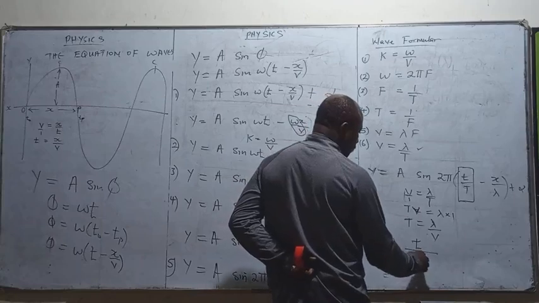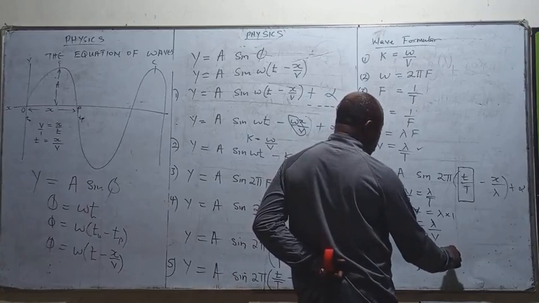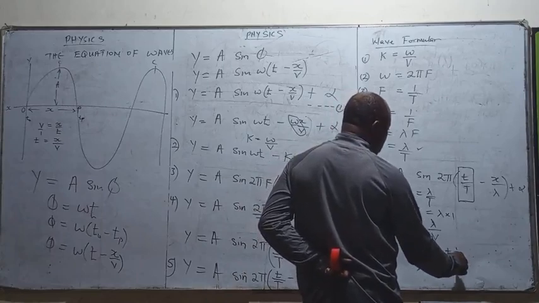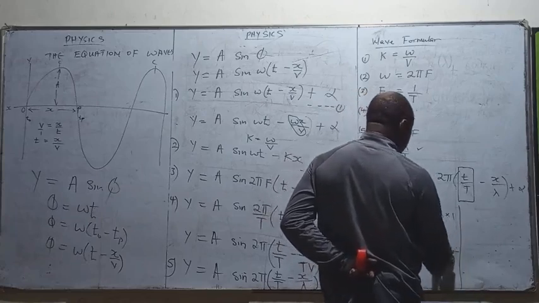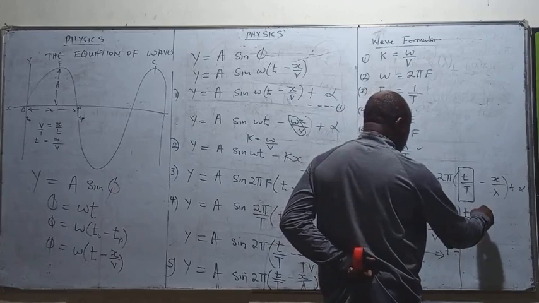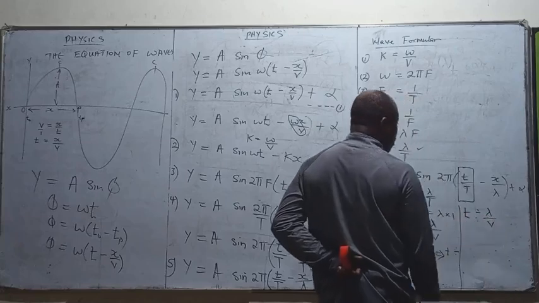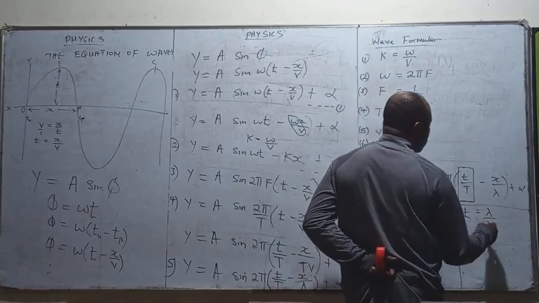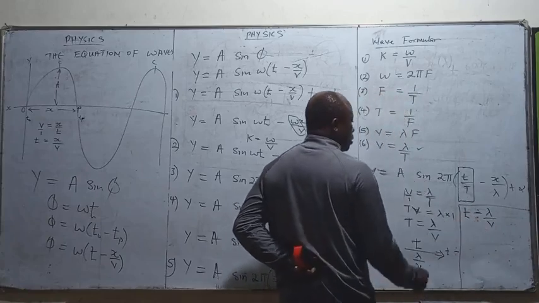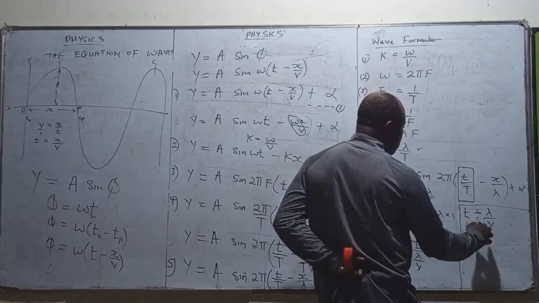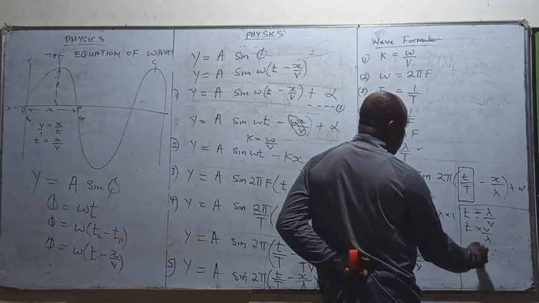That reads t divided by lambda over v, which becomes t times v over lambda.